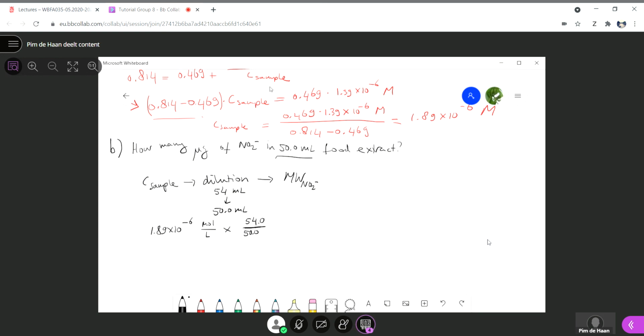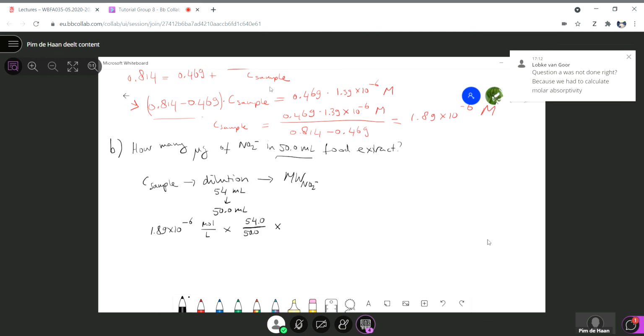Actually, no, that's not right. This is not the one with the 10 microliters extra. Times the molecular weight of nitrite. And I don't think they give that in the question, do they? No, they don't.